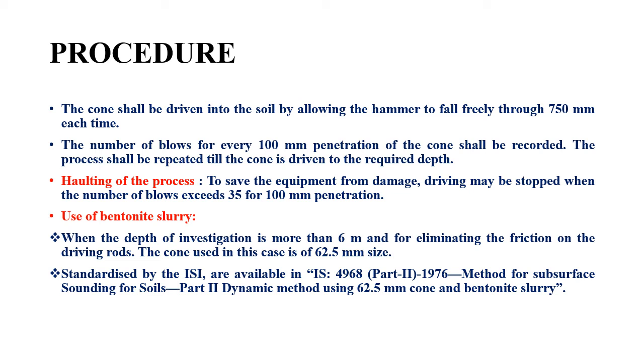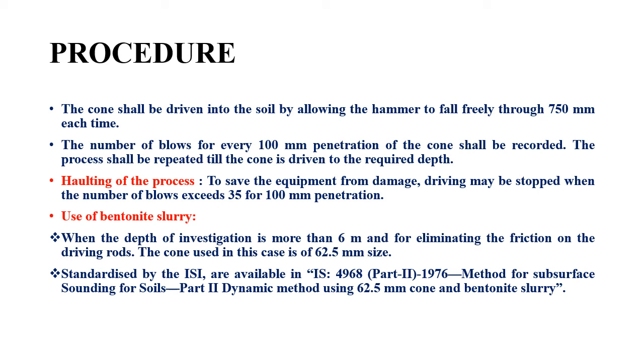Okay. And I had told you that the same procedure of dynamic cone penetration test can be conducted without the use of bentonite slurry and with the use of bentonite slurry. Okay. So bentonite slurries are used when depth of investigation is more than 6 meters. Okay. And these slurries are circulated for eliminating the friction on the driving rods. And when you are using bentonite slurry in this procedure, we cannot follow the other IS code.